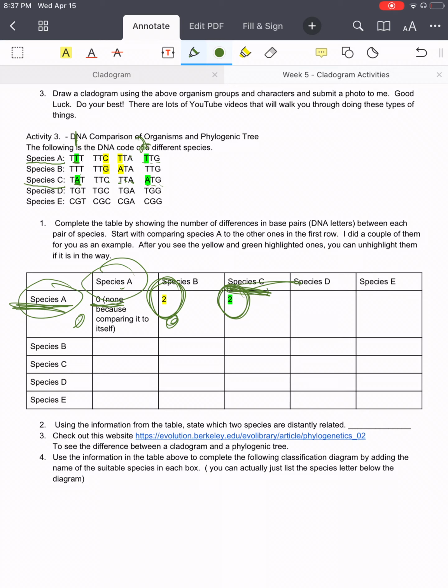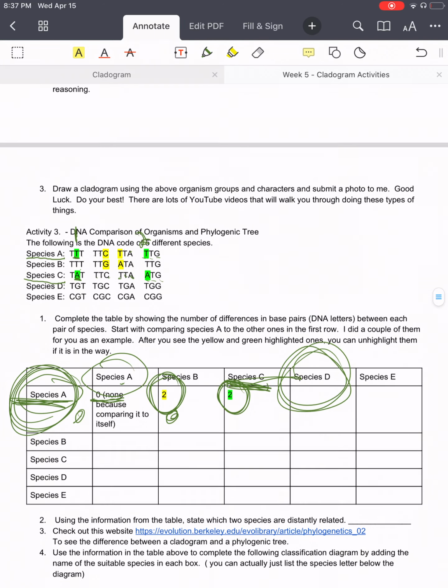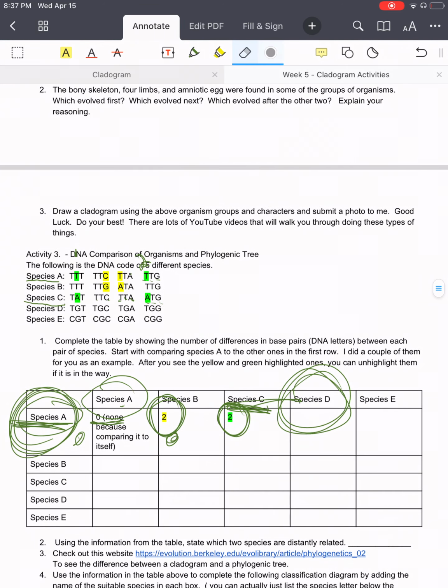Let's keep going. Now let's do species A to species D. Sorry guys, I gotta erase this. So A to D. T, T, T to T, G, T. There is 1 difference right there. That's not the same.